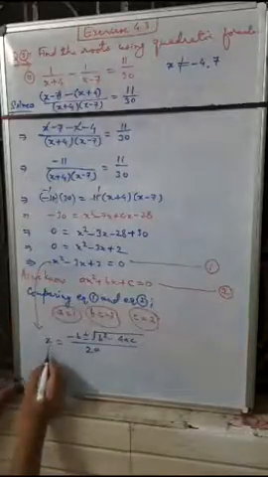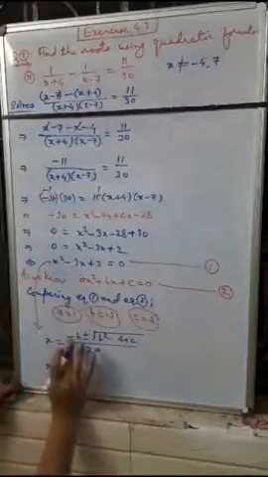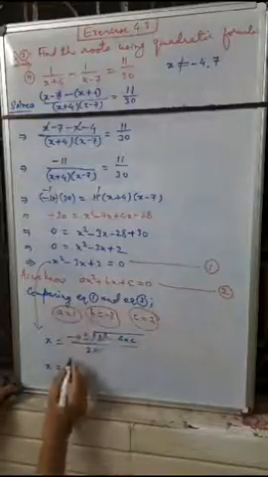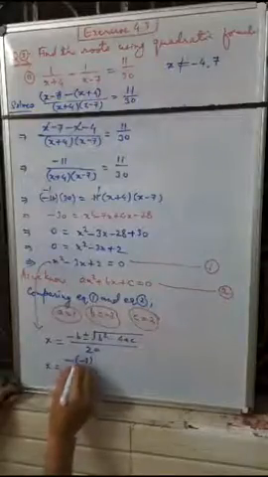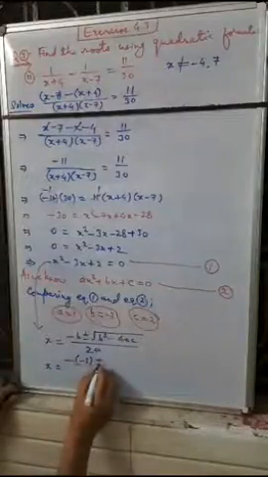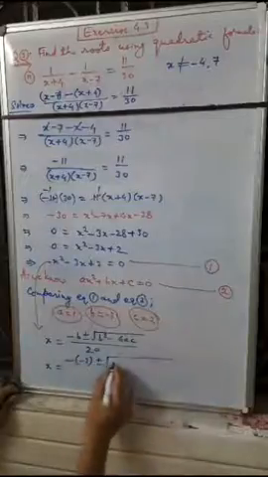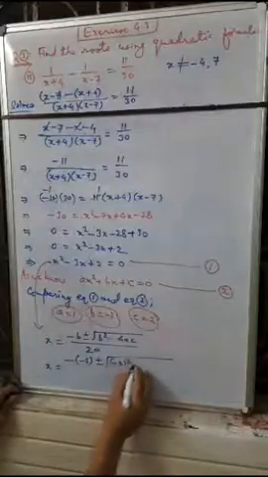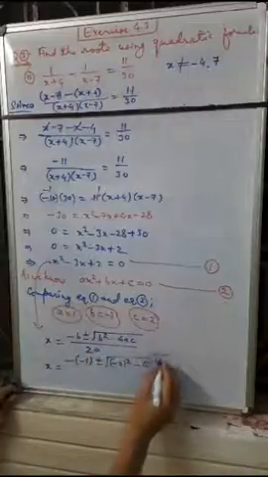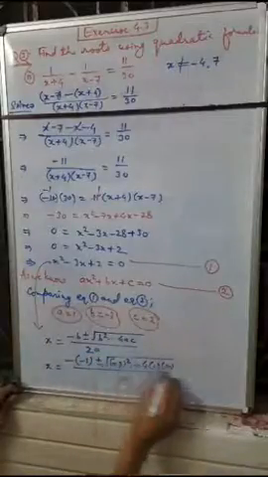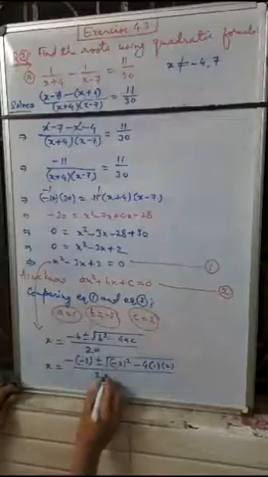So we will put the values here. x is equal to minus b, and the value of b is minus 3, so inside the bracket we write minus 3, plus or minus under root b square, that is minus 3 square, minus 4 times a which is 1, times c which is 2, upon 2a, that is 2 into 1.